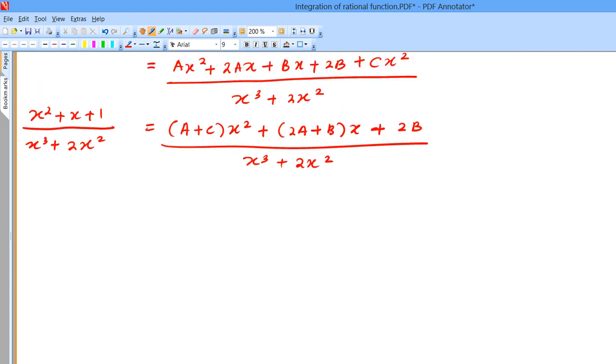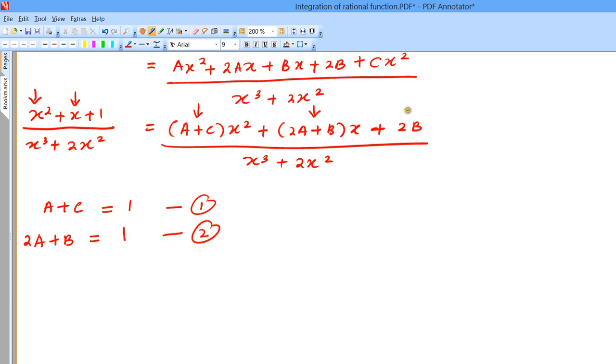Okay, for the coefficient of x², we have A + C, so A + C equals the coefficient of x² on the left hand side, which is 1. So this is the first equation. For coefficient number 2, we have 2A + B for x, so 2A + B equals the coefficient of x on the left hand side, which is 1.